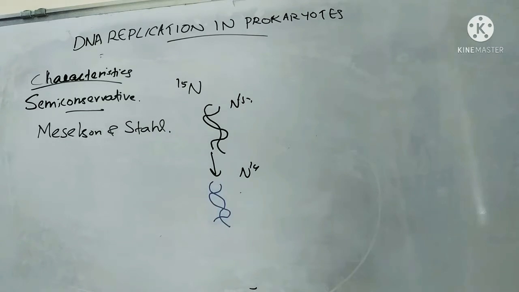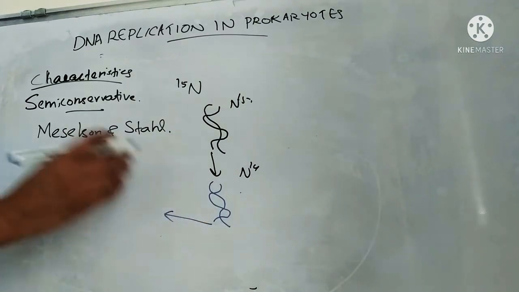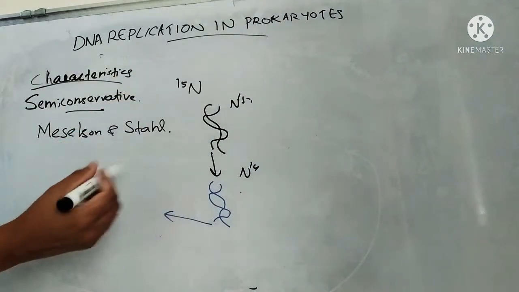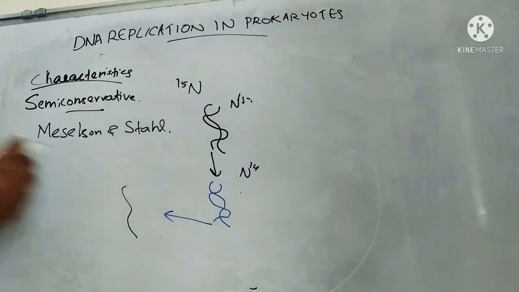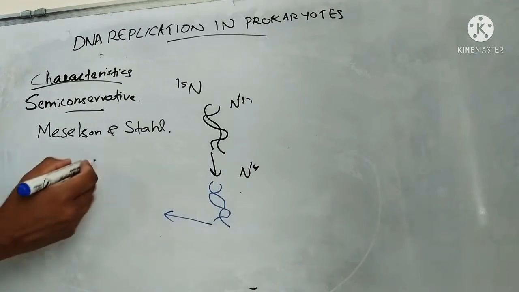In the first generation, all DNA molecules were half labeled, that means both N15 and N14.